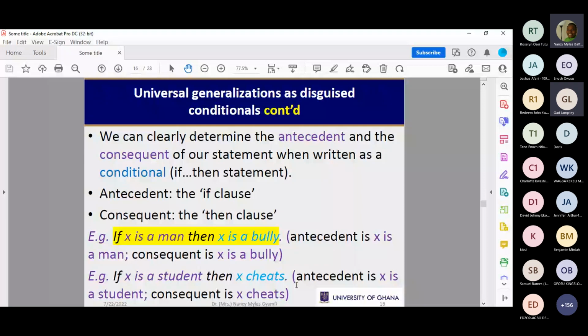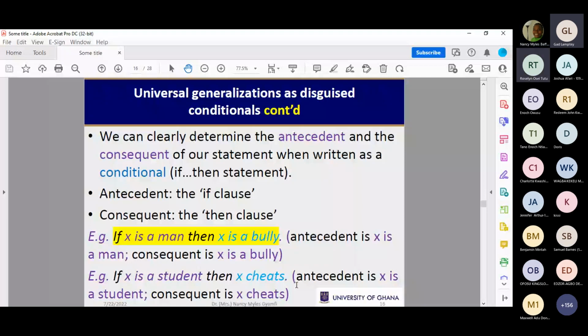We can clearly determine the antecedent and the consequent of our statement when written as a conditional if-then statement. Good, go on. Antecedent, the if clause. Consequent, the then clause. Very good. So let's look at some examples.